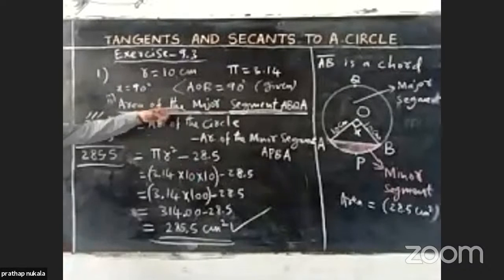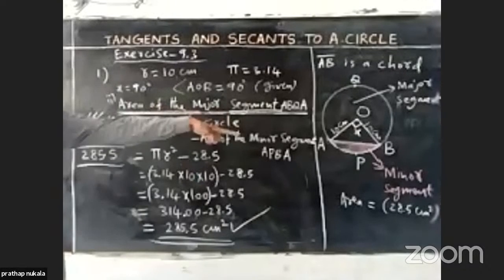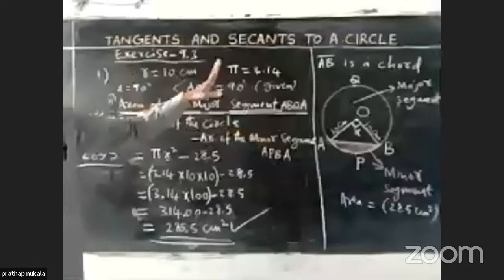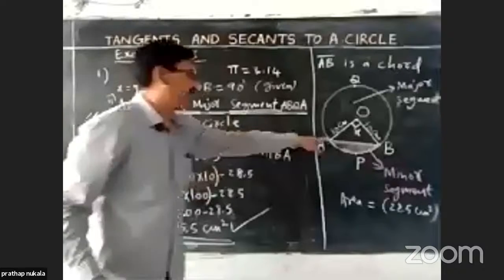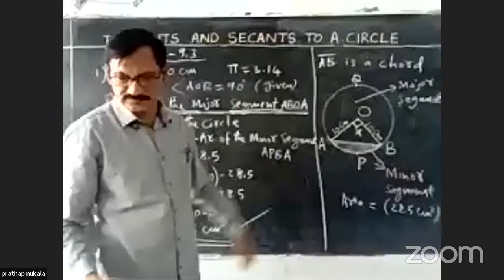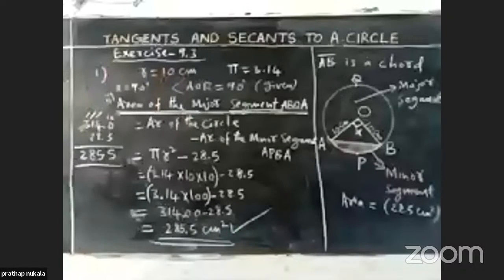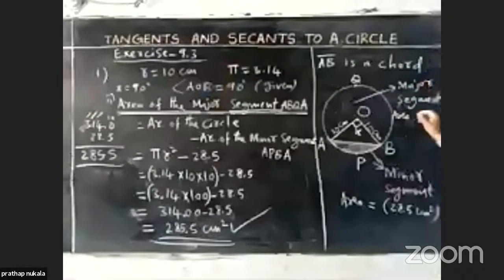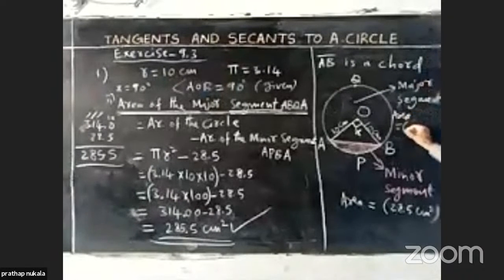In this way, we have to find the area of the minor segment and also the area of the major segment. If a chord divides the given circle into two parts, the area of the major segment is 285.5 centimeters square.